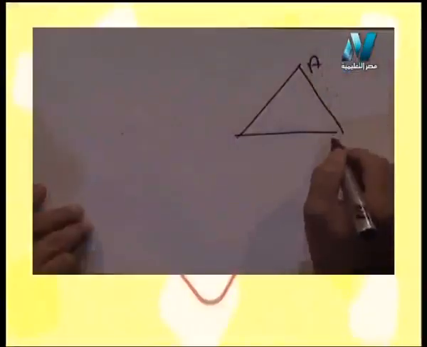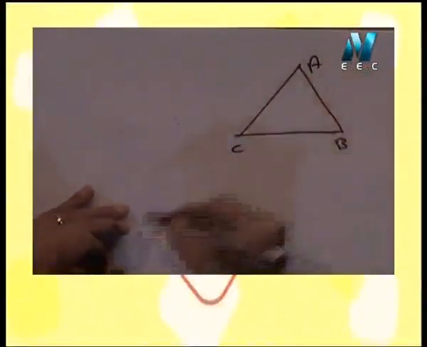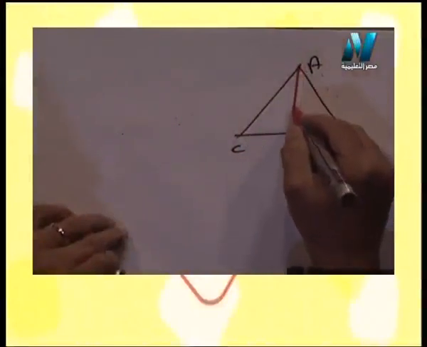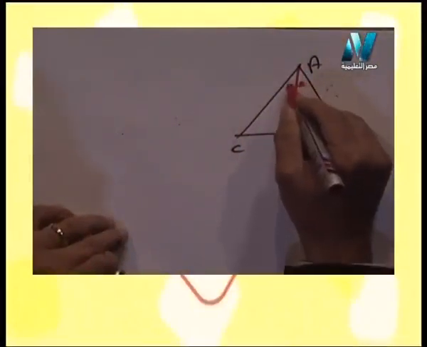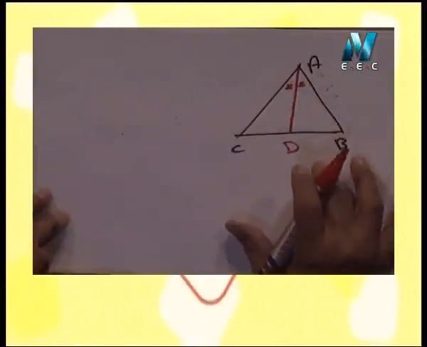So look carefully and find out the following example. If we have here a triangle like that, ABC, and we have a bisector AD like that, AD here is the bisector. Look carefully.